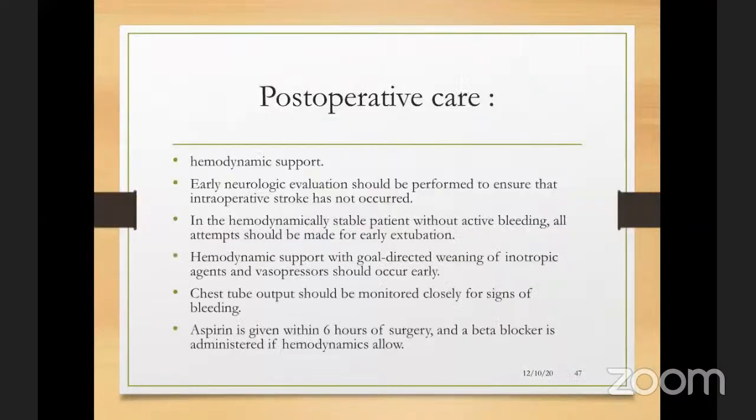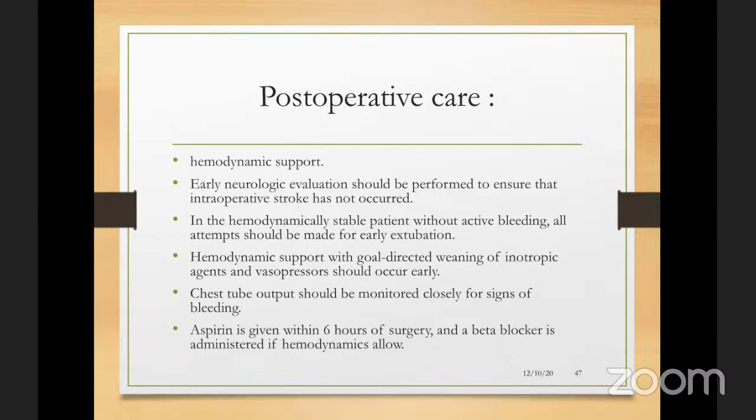The post-operative care for on-pump cardiac CABG: hemodynamic support is the main thing that should be achieved in the ICU. Early neurological evaluation should be performed to ensure that intraoperative stroke has not occurred.